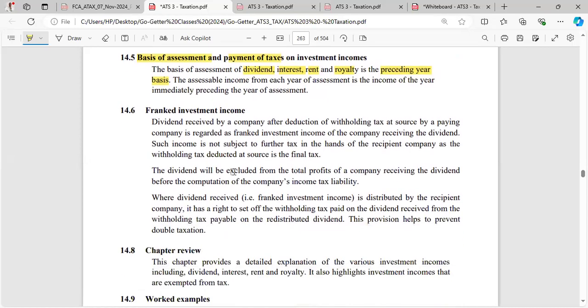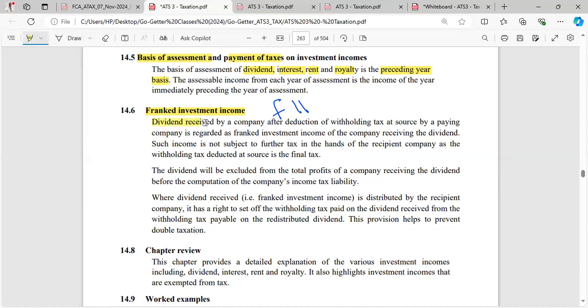All right. Now, there is something called franked investment income. Sometimes you will see us writing FII. What is FII?